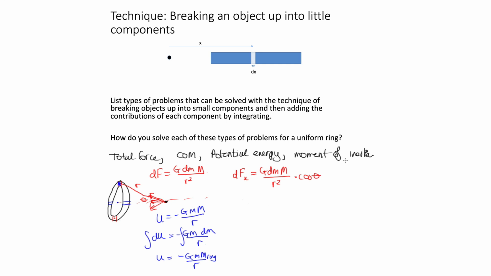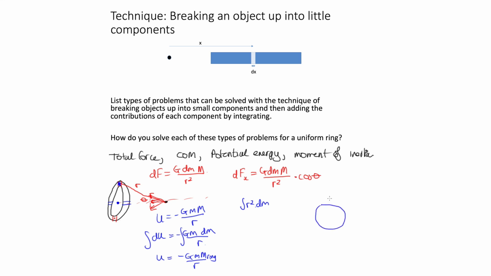So for the moment of inertia, or the rotational inertia, it really depends upon the point about which we choose to pivot it. So in the lab, you worked out the moment of inertia of a disk about a point in the center, and to do that you used r² dm, and you came up with an expression for dm, which was the mass in this case.